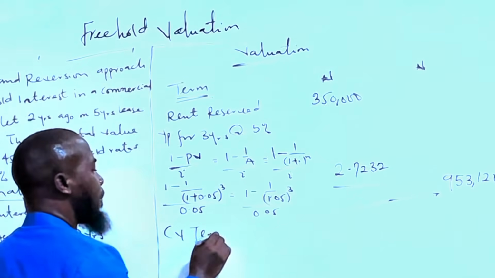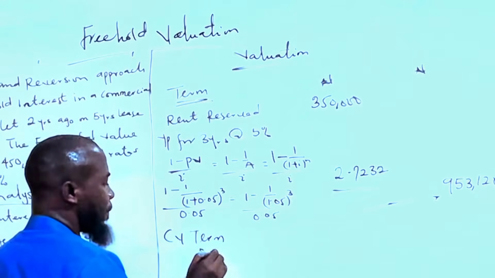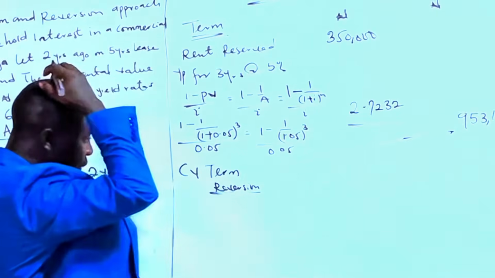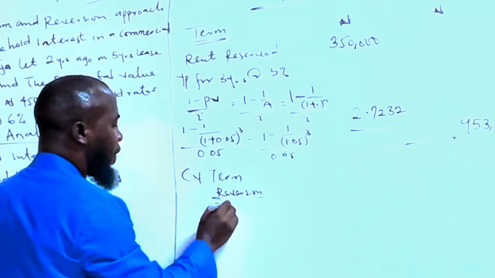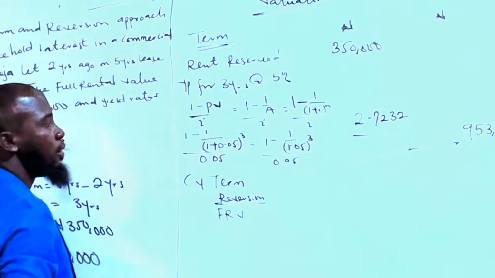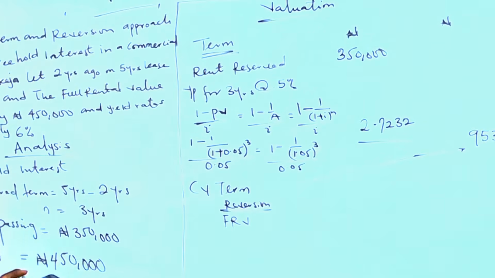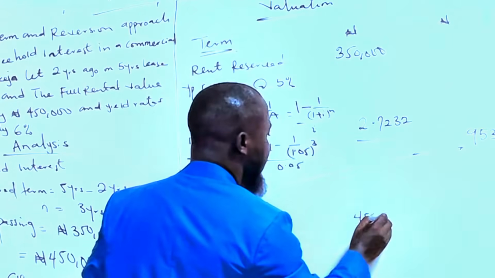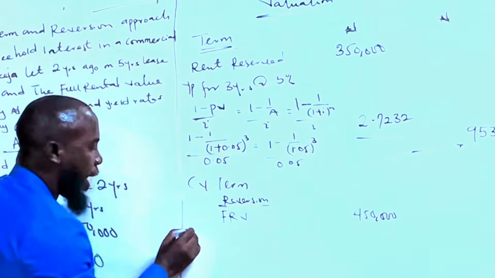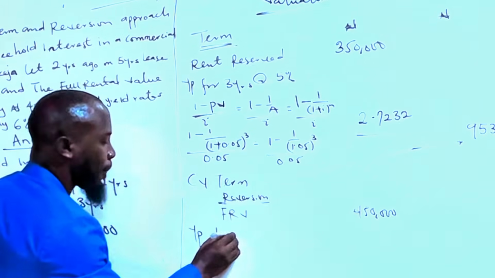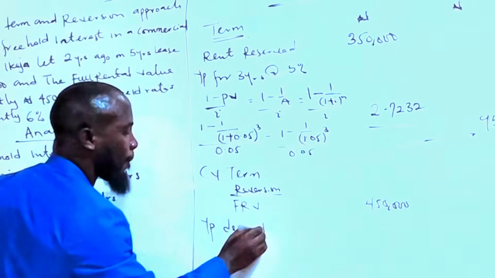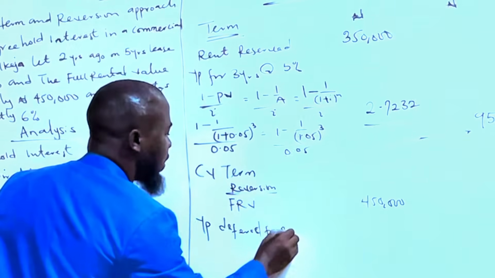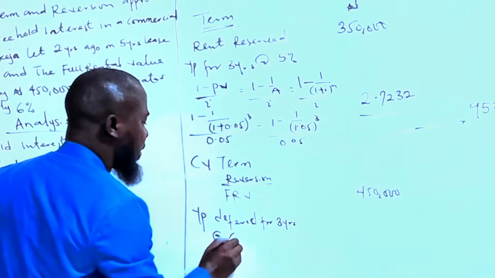CV term. Now the reversion. For the reversion, we use our full rental value, FRV, which is 450,000 naira. Then YP deferred for 3 years at 6%.